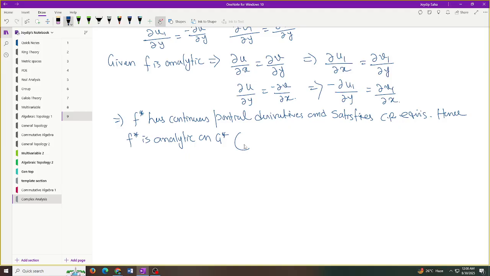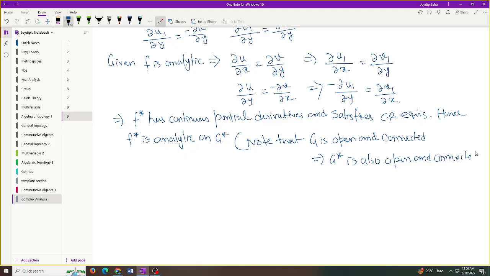One note that G is region, open and connected, imply G star is also open and connected.